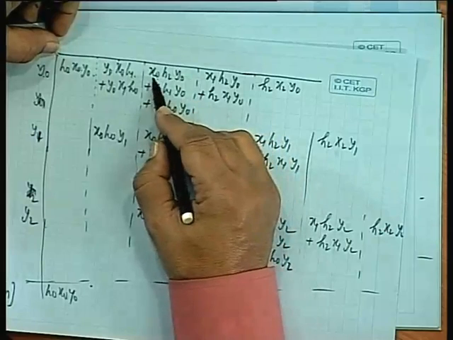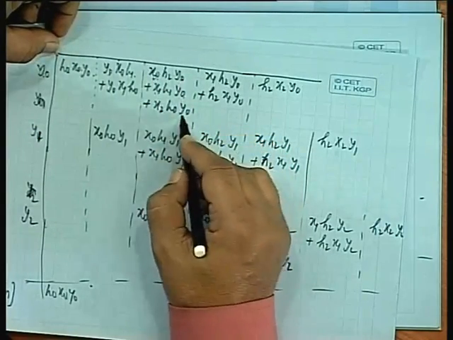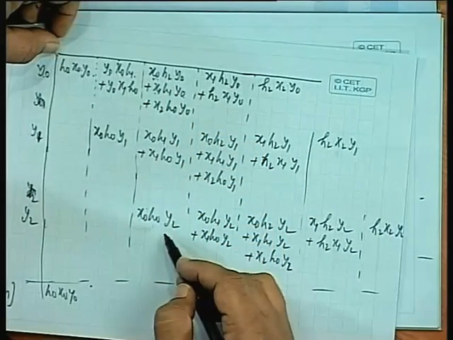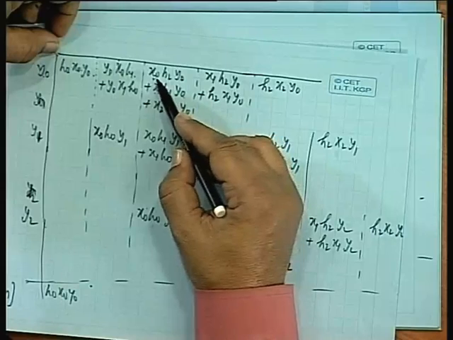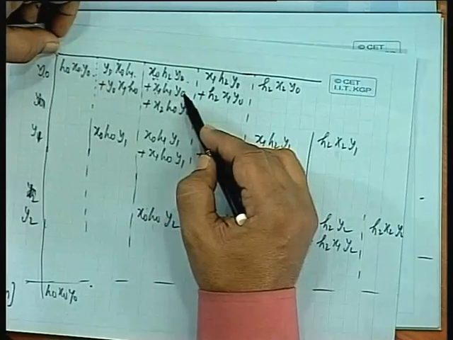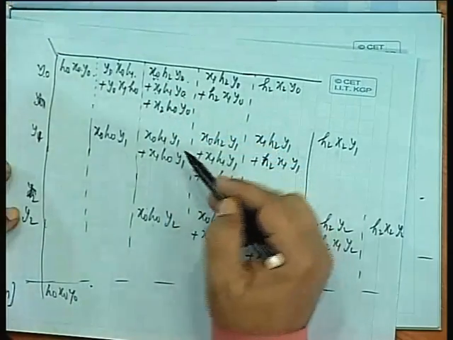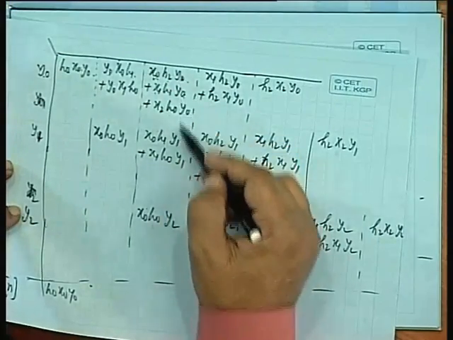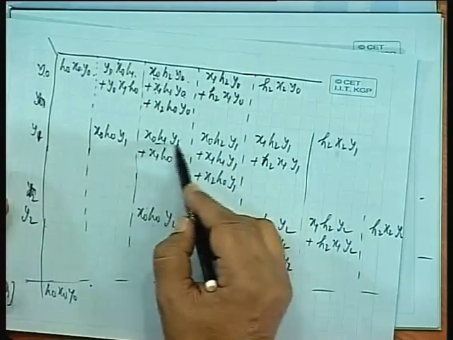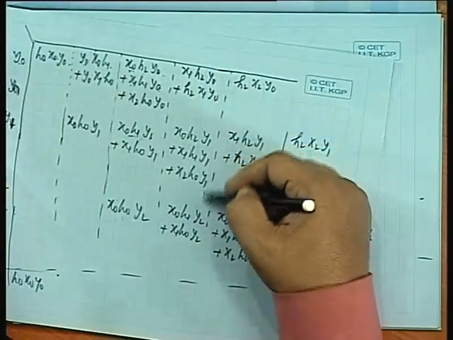The sum is 2 starting from 0 to 2 of all these indices, all possible combinations that you can think of. Okay. x0 h2 y0, keeping y0 fixed, you vary the other two, get a combination of total sum of 2, then again vary y to y1 and then get the combination as 1, so that the total sum is 2 and so on. Similarly, the next column.